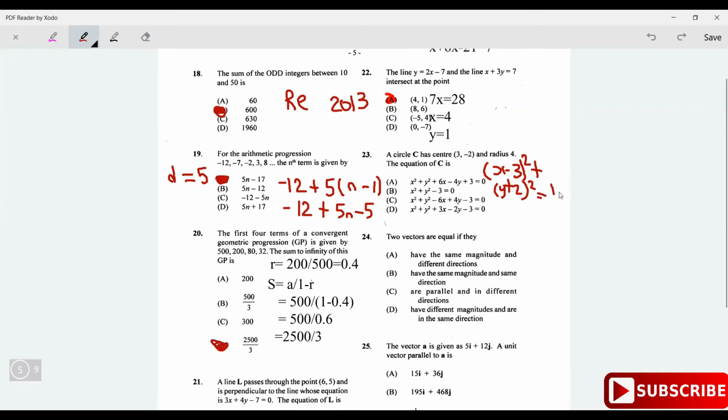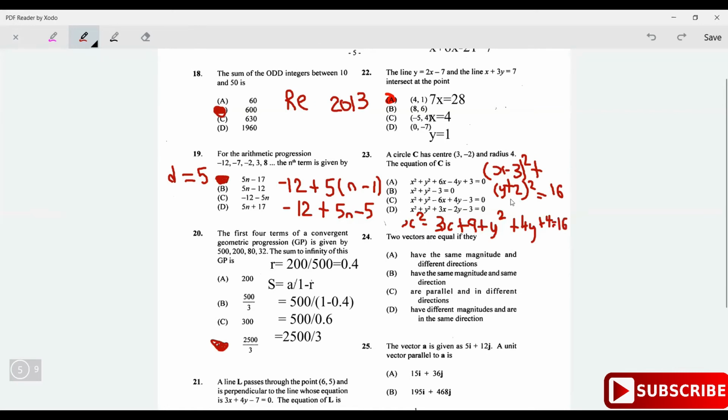Cool. What we're going to do now is just expand this bracket. What we're going to get then is x squared minus 3x, that's what you get, minus 3x. Then you get plus 9. Then on this side, you're going to get plus y squared plus 4y plus 4 equals 16. Easy. And then you just look which one is this.